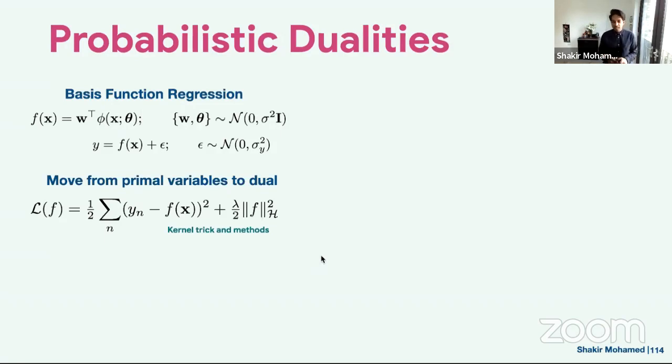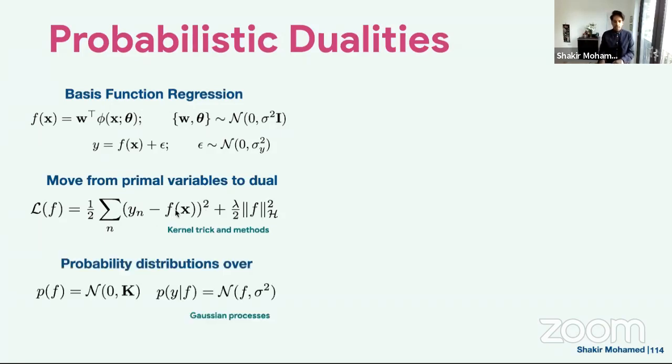Conveniently, while you were waiting for me to join, you used the kernel trick to derive some of these methods, and you know how to manipulate it, and you basically get this function, which is common to every kind of kernel machine and kernel method. And if you were to be Bayesian about these kernel methods, you would naturally get to these GPs, because these primal methods correspond exactly to the mean of these GPs.